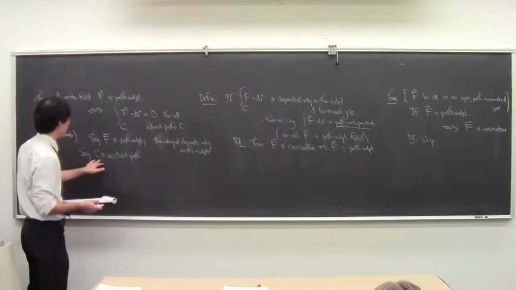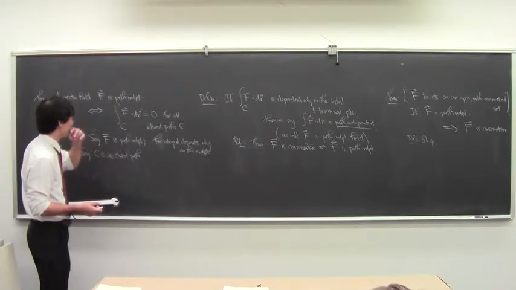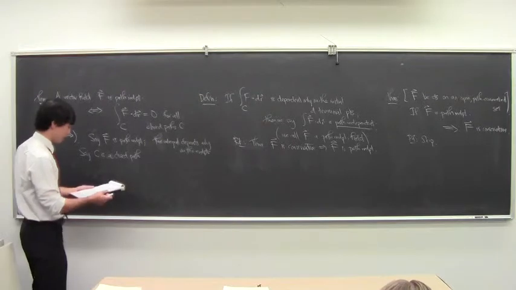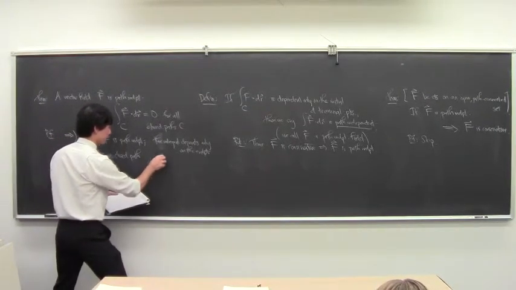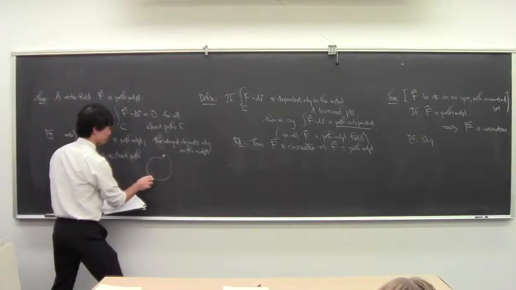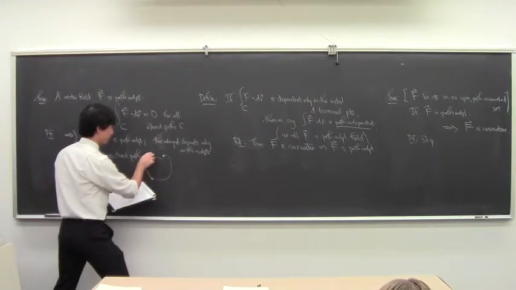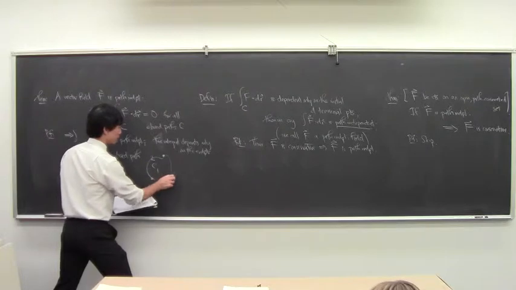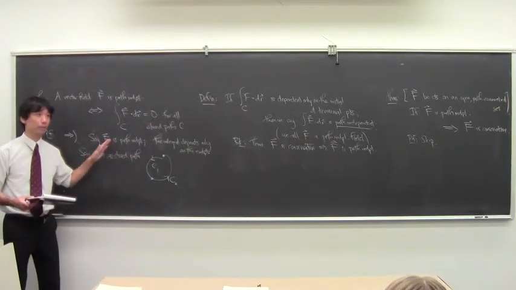So suppose this thing is a closed path, like this. Let's break it up into two parts, C1 and C2. Take your path and then break it into two parts.